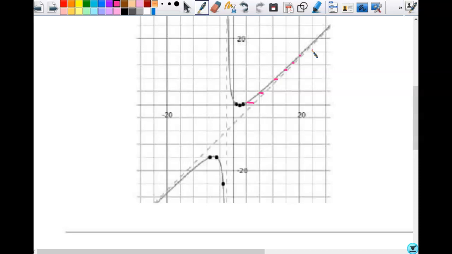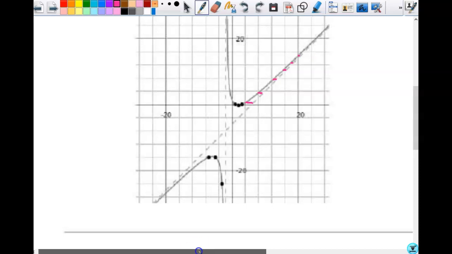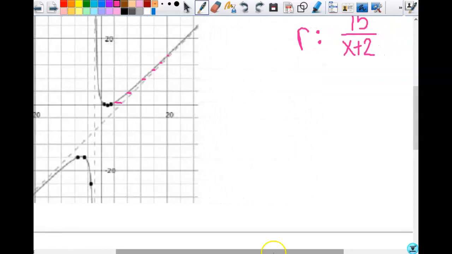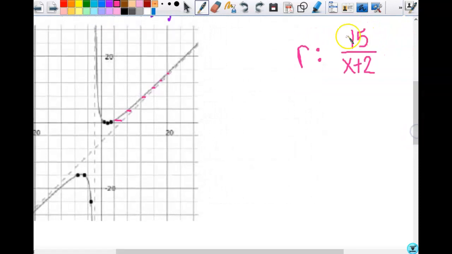So this number right here is the distance this function is from the asymptote. If I substitute in, we're counting by 4s, so if I substitute in a 4 here, I get this point, when x is equal to 4, so I'll get 15 over 6.